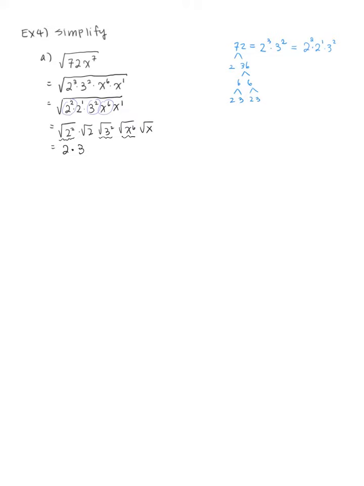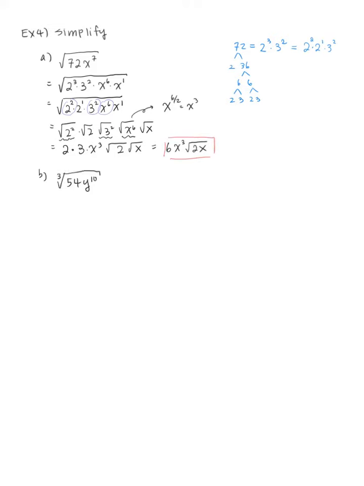And then x to the 6, this is the same thing as x to the 6 over 2. 6 divided by 2, in this case, we're going to have x to the third. And then the rest of it is the square root of 2 times the square root of x. So putting it all together, we're going to have 6x to the third, and then combine the square roots together. Here you're going to have the square root of 2x. So that's going to be the answer.